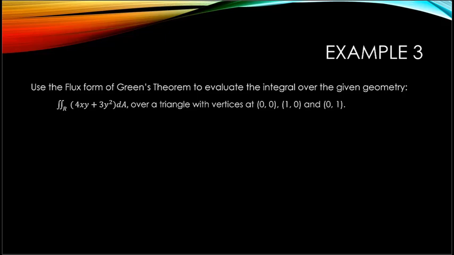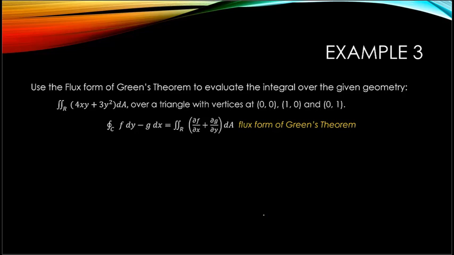So here's an example. I want to use the Flux form of Green's theorem to evaluate an integral over a given geometry. The double integral over region R has an integrand given by 4xy plus 3y squared dA, and my geometry is a triangle that has vertices at the points 0, 0, 1, 0, and 0, 1.